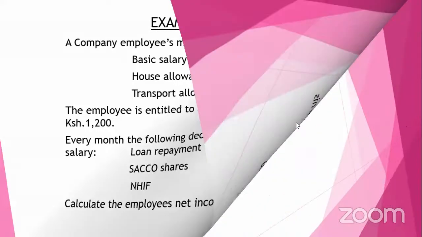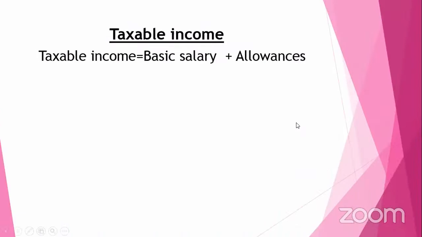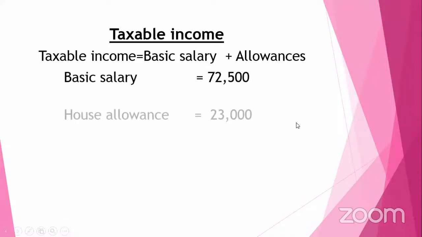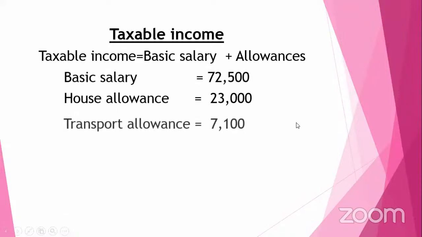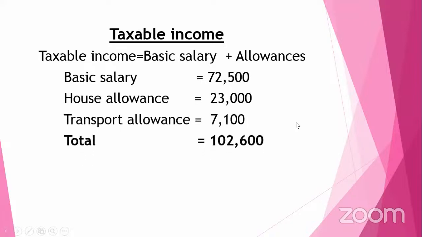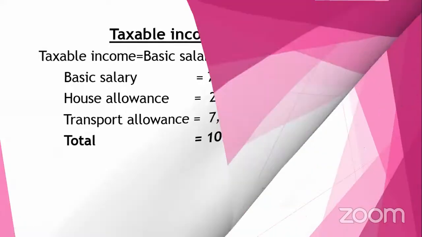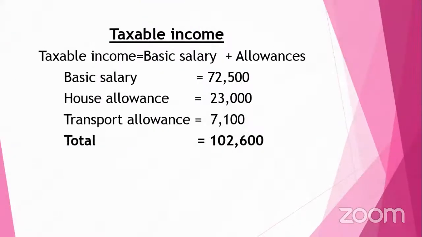Okay, then we go to the next one. We are saying taxable income is equal to basic salary plus allowances. In our case, our basic salary was that, house allowance was that, transport was that, and therefore we now have our total.